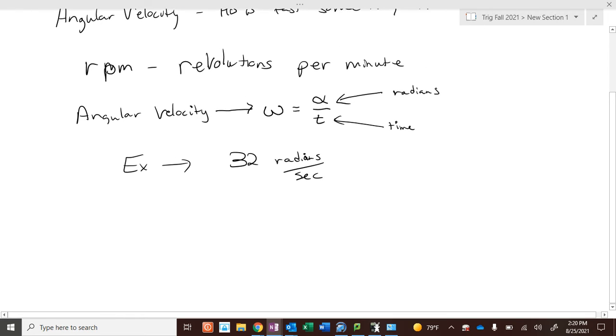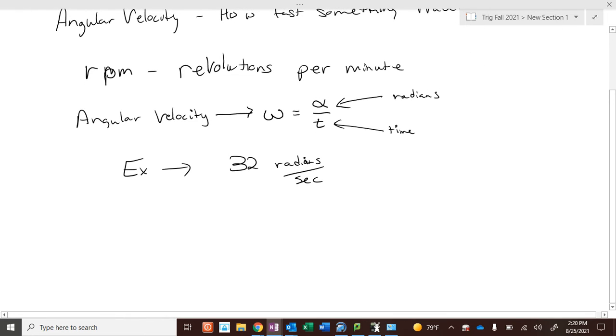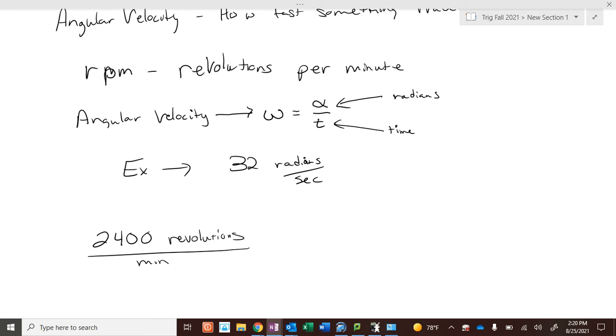Now, let's say I have a vehicle that's running at 2,400 revolutions per minute. What's revolutions per minute? RPMs, okay? So it's running at 2,400 RPM.